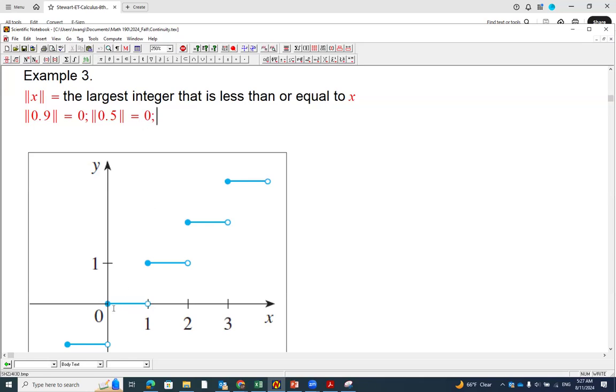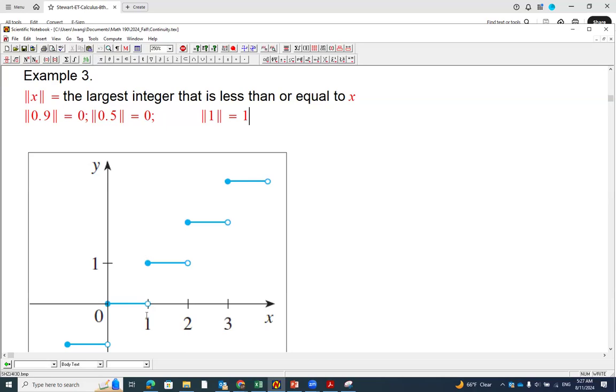So every number between 0 to as close as possible to 1 is 0, right? Until you have 1. And that output is equal to 1. So that's why you see in the interval between 0 to 1, all the other numbers, their output is 0, but the output for 1 is 1.